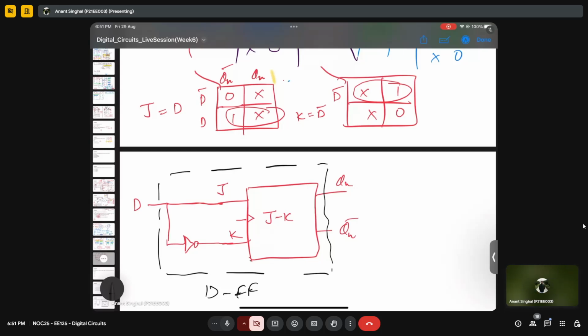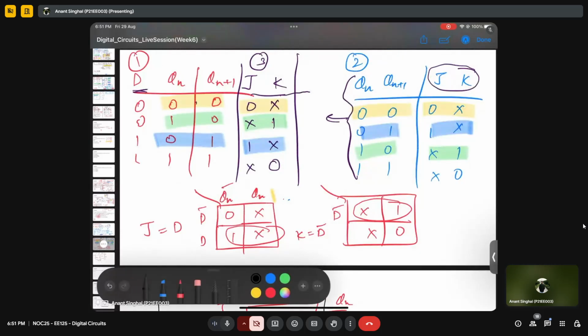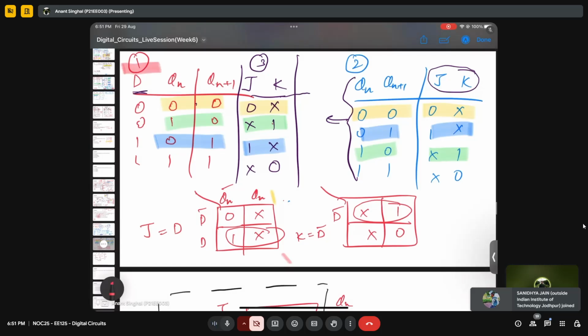D bar for K, the table which you have done, is it with D bar and Qn or Qn plus 1? No, it's Qn. You cannot make a table of Qn plus 1. Okay, let me clear that. Basically, you want to find a relation between J, D, and Qn.